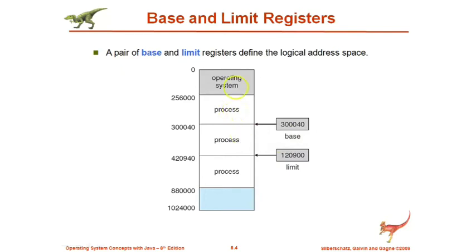The base register holds the smallest legal physical memory address. The limit register specifies the size of the range.